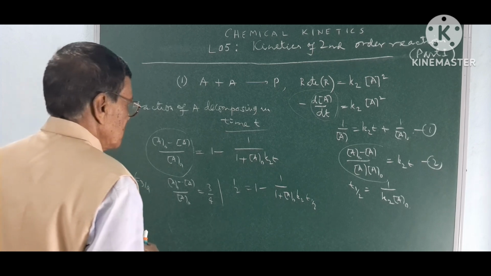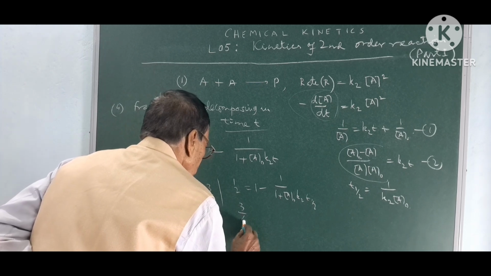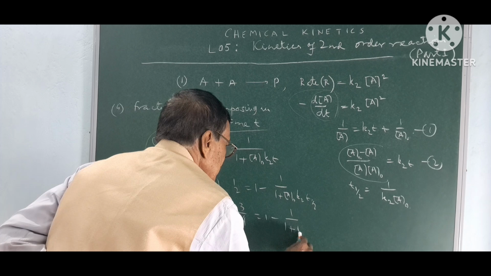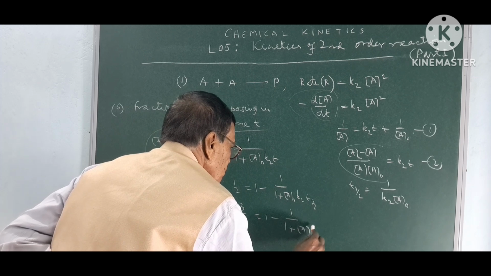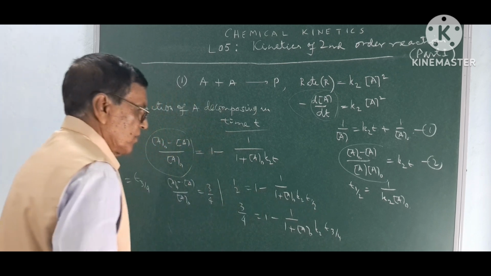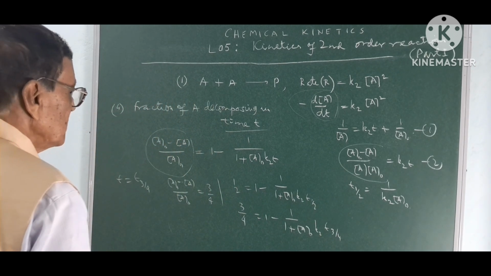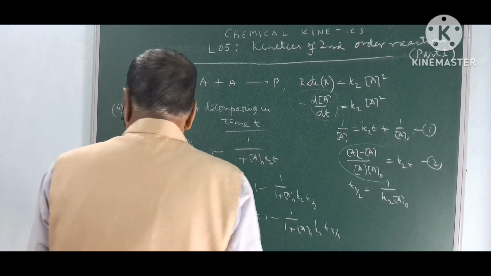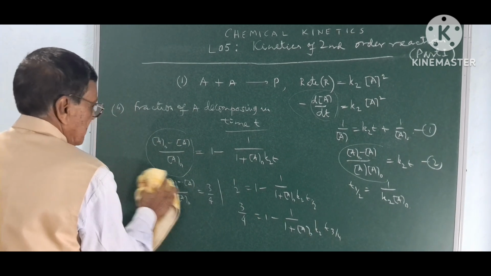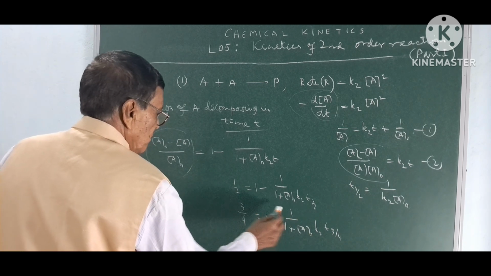75% decomposed. So if you put here 3/4 equal to 1 minus 1 by 1 plus A naught into K2 into T 3/4, then by simplification you can do it. This one coming here, this one going there.